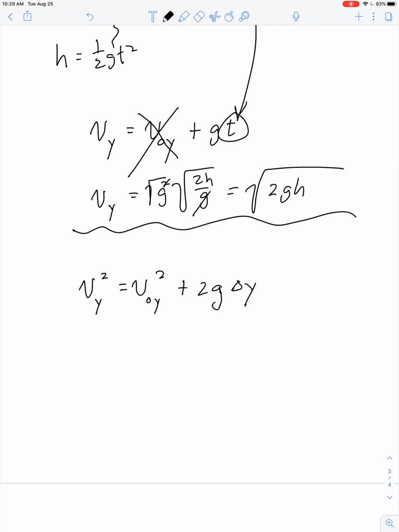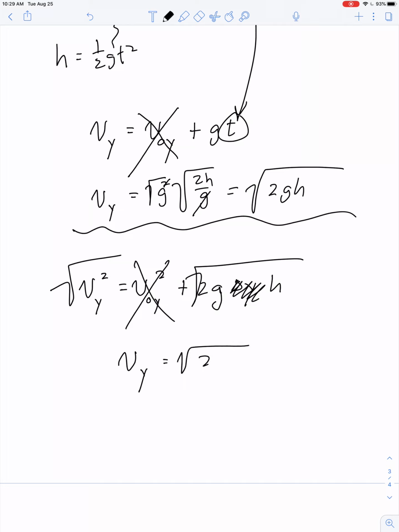We change the a to g, we change the delta y to h, and we note that the initial vertical component of the velocity is 0. So just taking the square root of both sides of the equation shows us that the vertical speed at impact is the square root of 2gh. So it's nice to see that two different kinematics approaches lead to the same result.